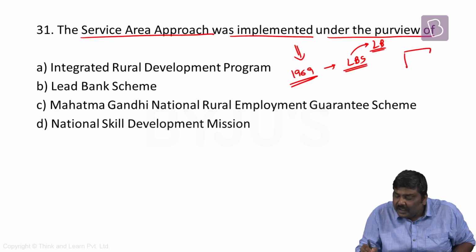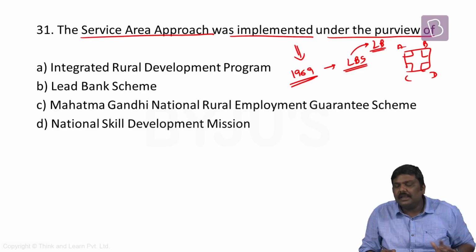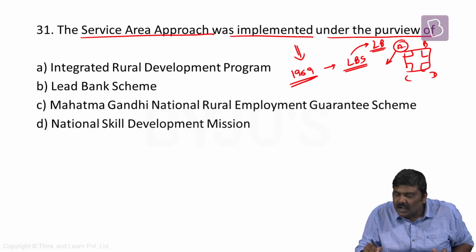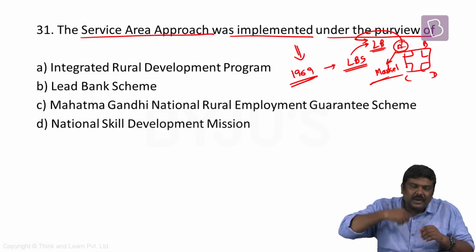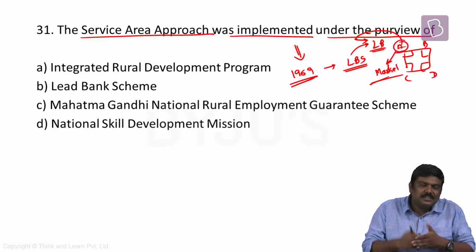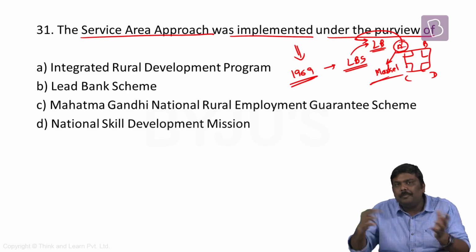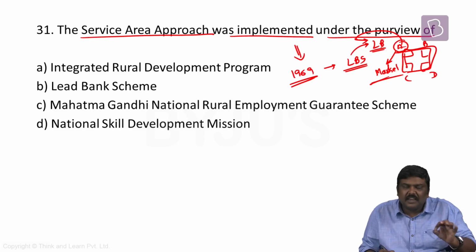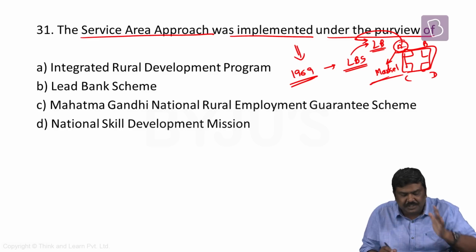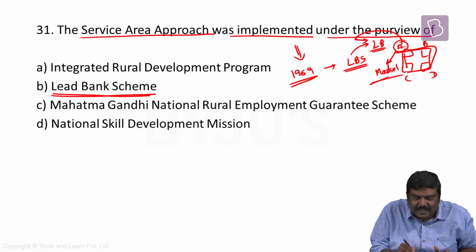In a particular area there will be multiple banks, let's say A, B, C, D. But of these four banks, if A has acquired the majority of the market in this area, A will be referred to as the lead bank. This lead bank has to ensure that certain services are provided to the population present in this area. The scheme implemented to ensure this was called the lead bank scheme.